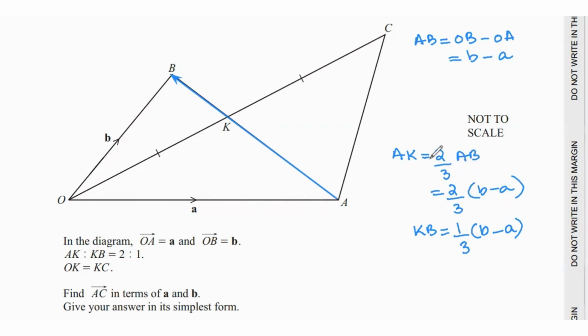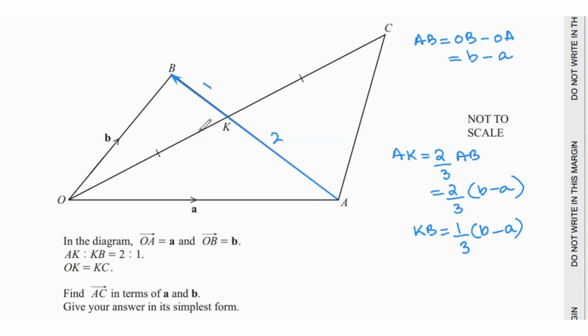Because AK plus KB is AB. So AK and KB are a part of AB. So if this portion is 1, this is 2, the entire thing is 3. So it's basically what we do when we're solving questions of ratios. We add the numbers in the ratio, make that the denominator. And for whatever part we're trying to find the measurement, that is the numerator. So we have expressions for AK and KB.